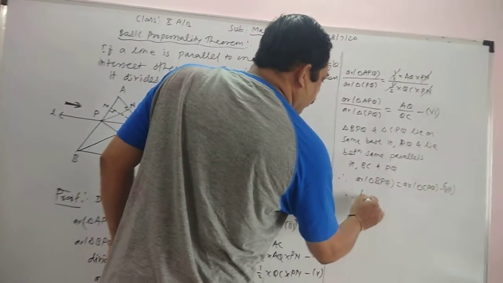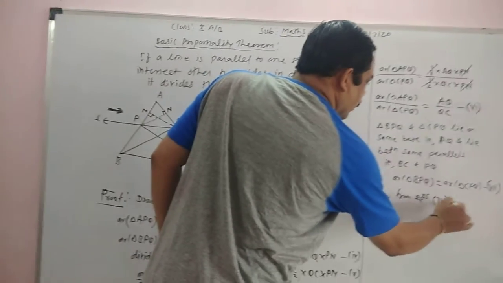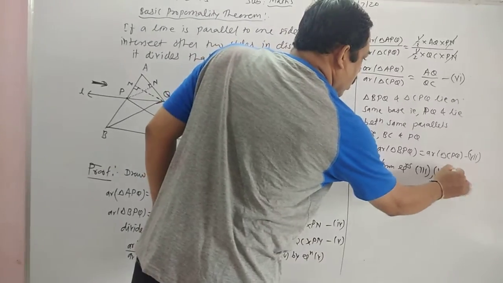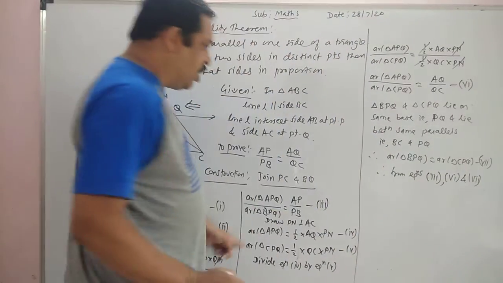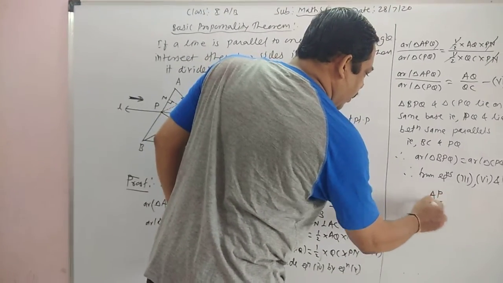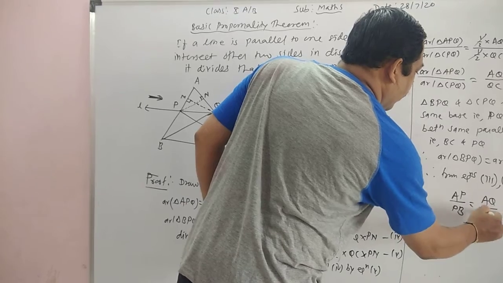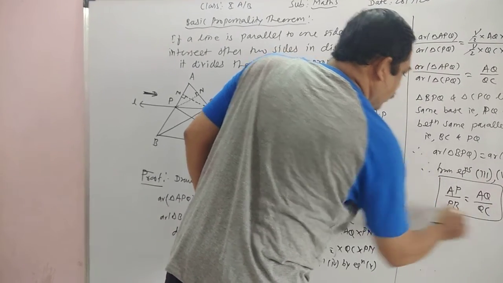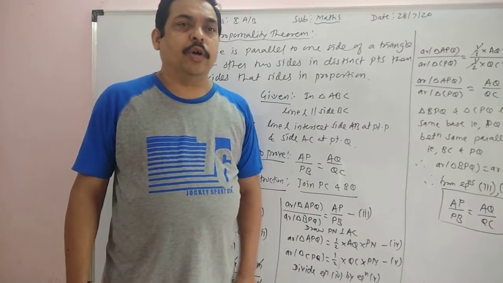Therefore, from equations 3, 6 and 7, LHS are equal, therefore RHS also equal. RHS is AP upon PB is equal to AQ upon QC. That we proved.